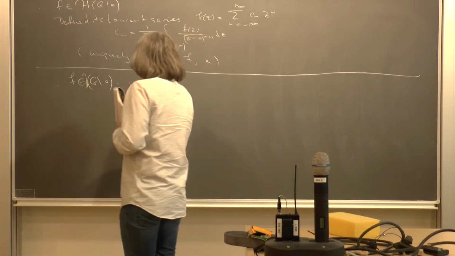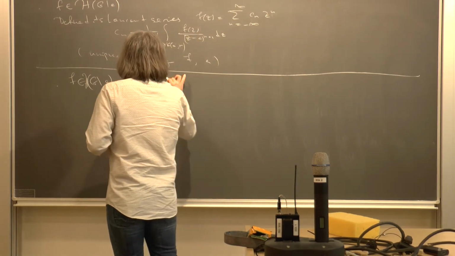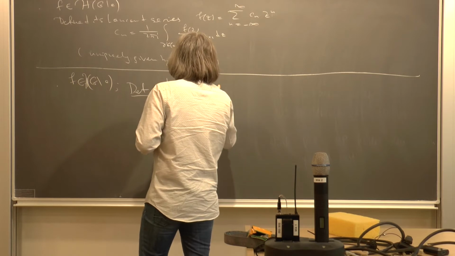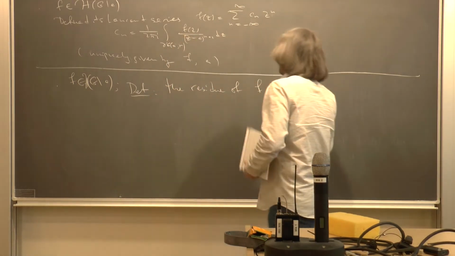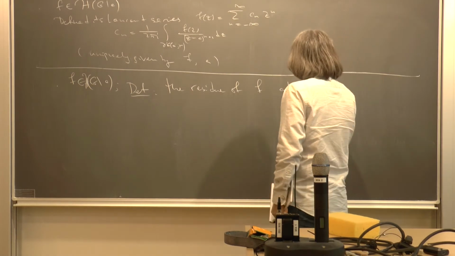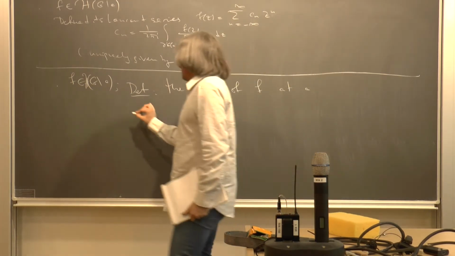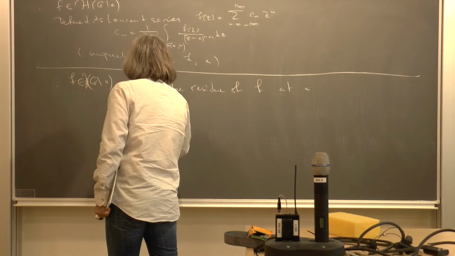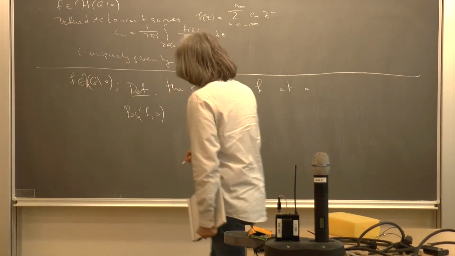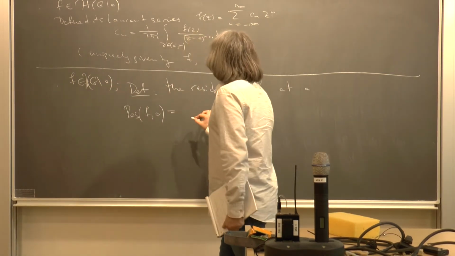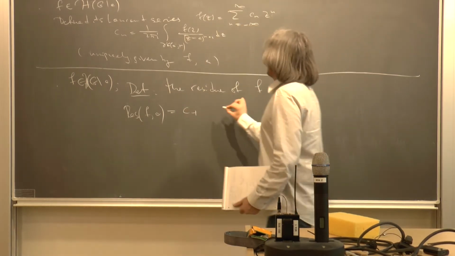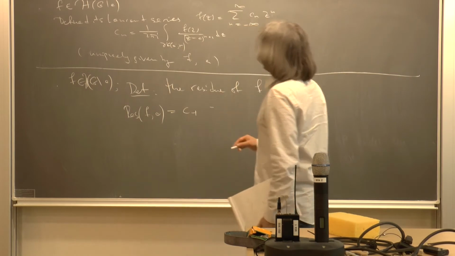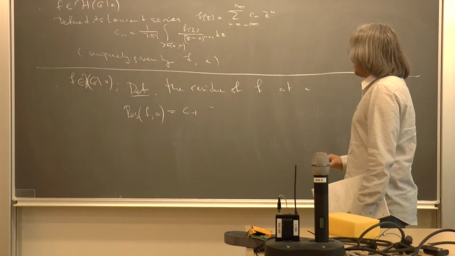Definition: the residue of f at a is the coefficient minus 1 in the Laurent series at this point.